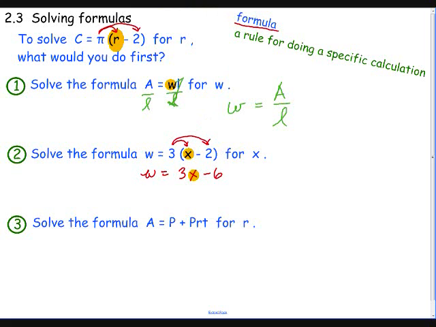Now, keeping our eyes on the prize, which is x, that's what we're trying to solve for here. We have a negative 6 being added to this, right? So we're going to add a positive 6 to both sides. Then we will have W plus 6 equals 3x.